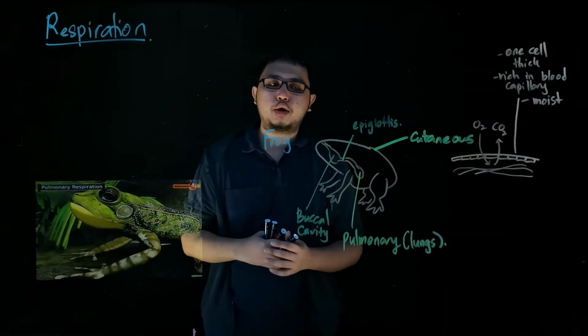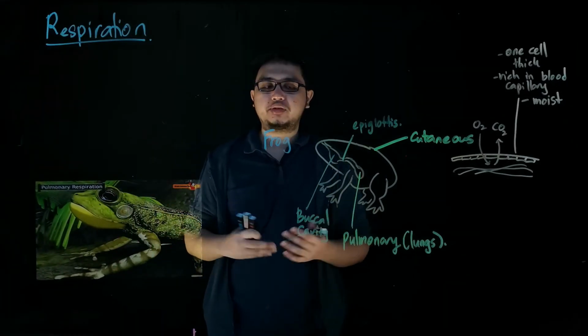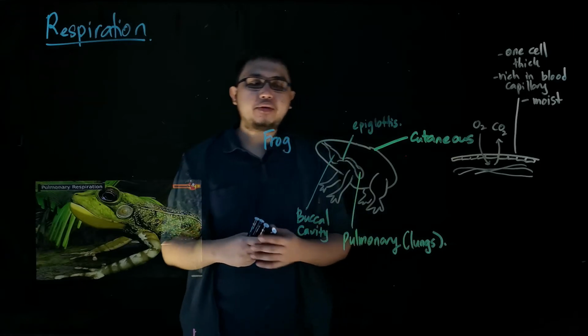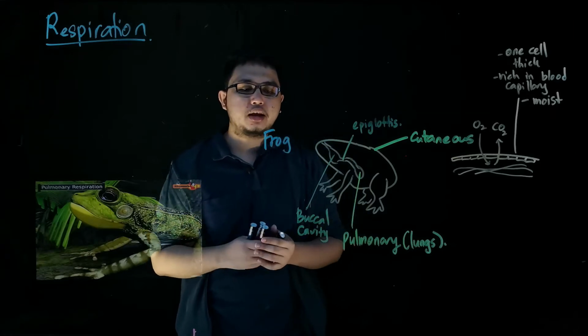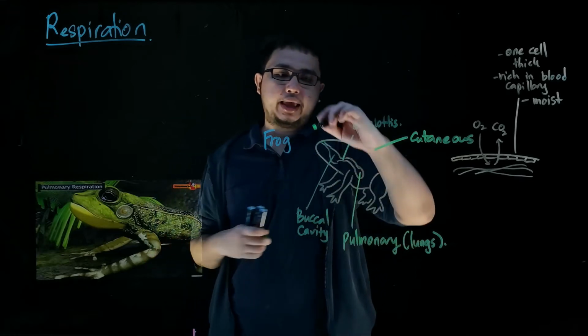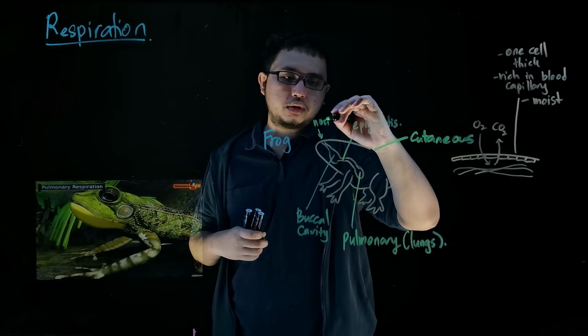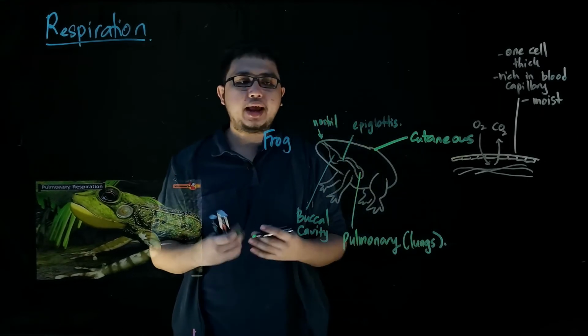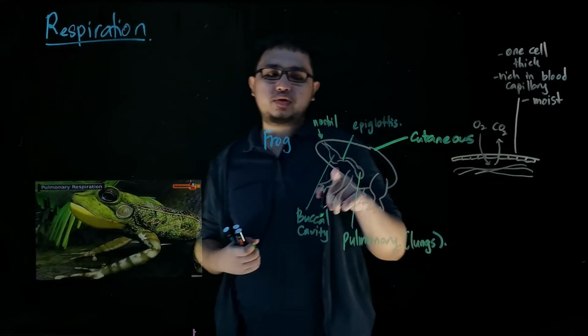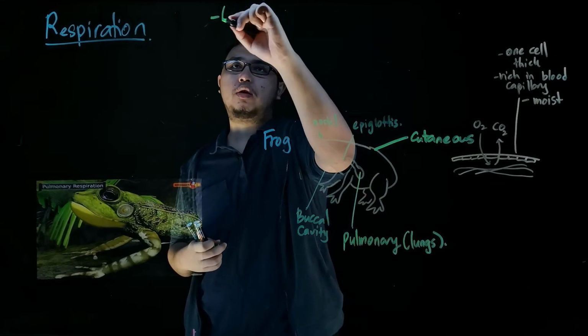Now we're going to take a look at how the frog respires through pulmonary respiration. Through pulmonary respiration, the frog takes in air through their nose. So when air enters the nostril, the epiglottis closes.